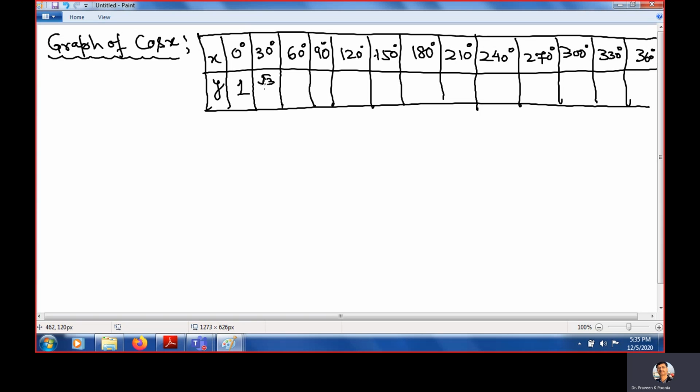Okay, so cos 30 is root 3 upon 2. Then cos 60 is 1 upon 2, and cos 90 is 0. But if you see the second quadrant and third quadrant, cosine is negative. Clear? So up to 270, all values will be negative. It is -1 upon 2, minus root 3 upon 2, -1, minus root 3 upon 2, -1 upon 2, and cos 270 is 0.